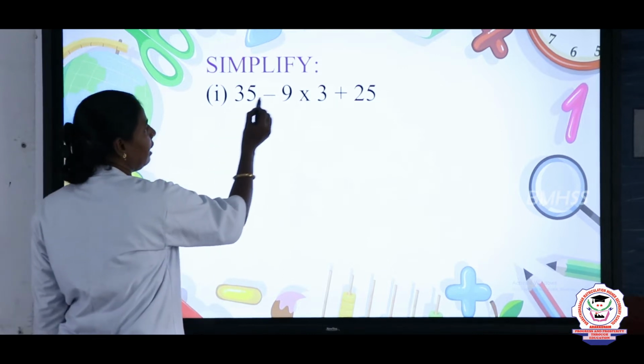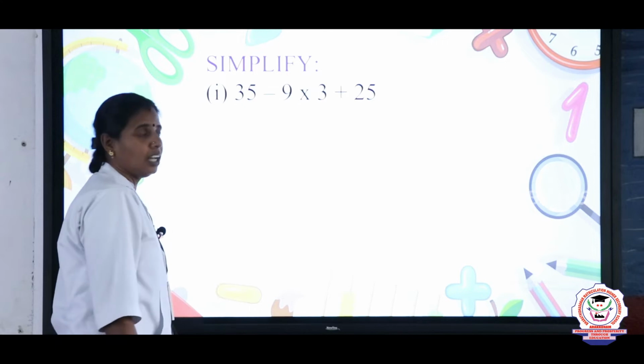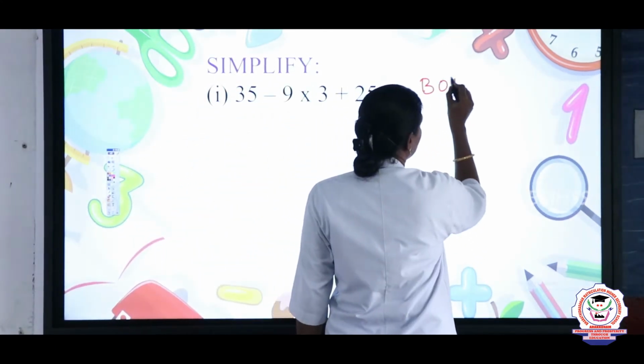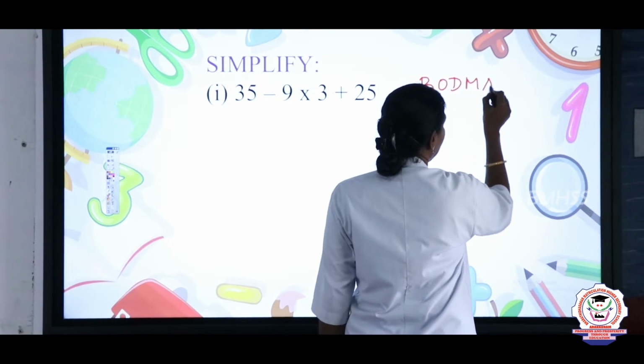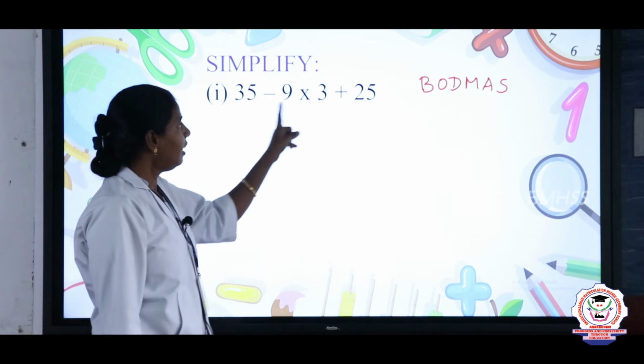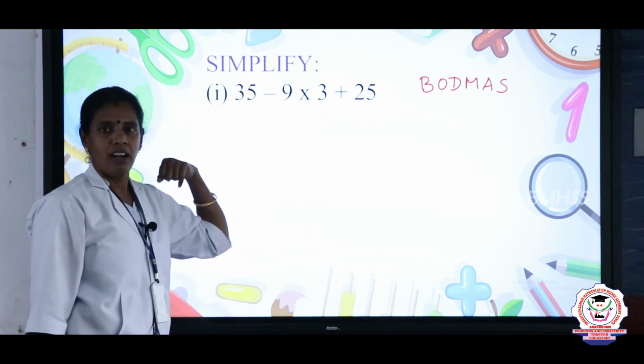See, 35 minus 9 into 3 plus 25, right? So I told you BODMAS, right? B-O-D-M-A-S. In this, no brackets are there, right? And then, of and division. See, is any divide symbol there?